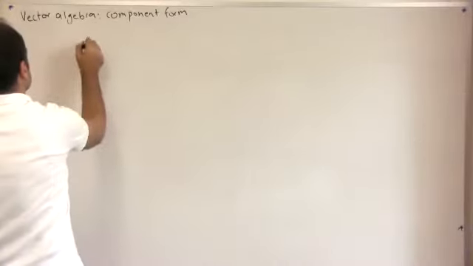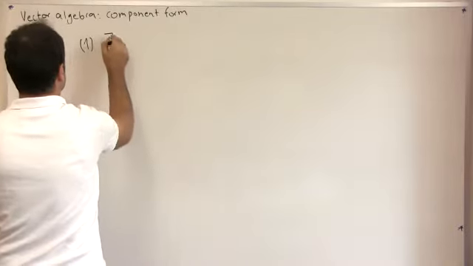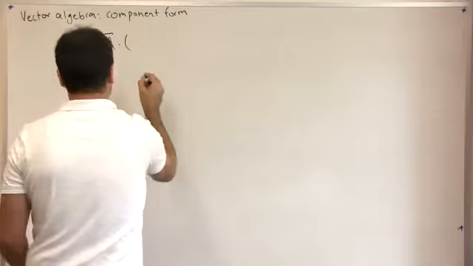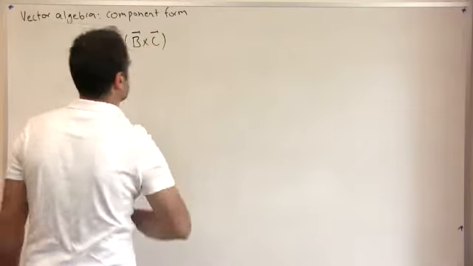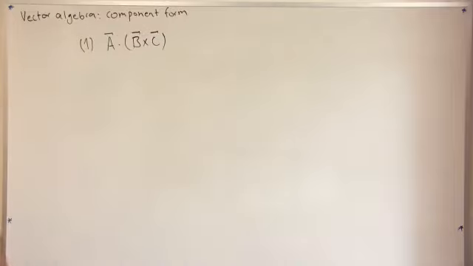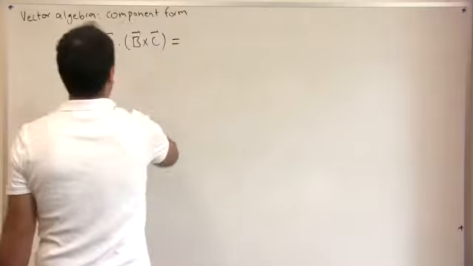So, two common types of triple products. The dot product of a vector by the cross product of two other vectors, like this.